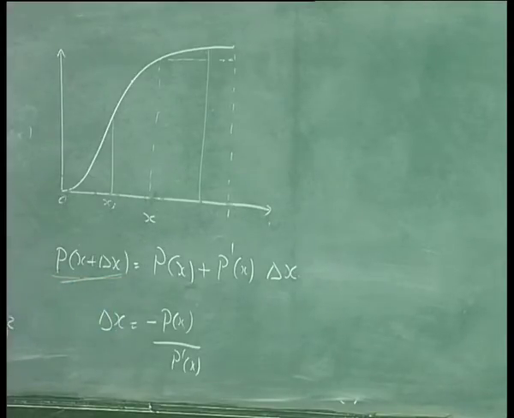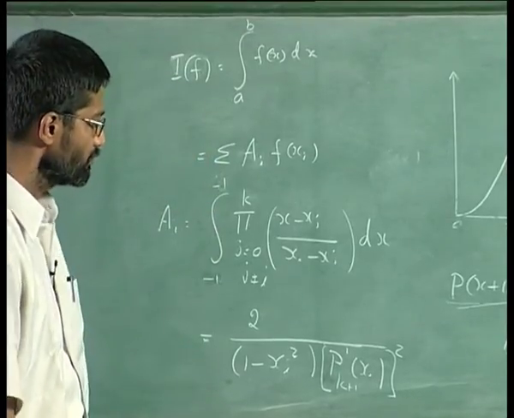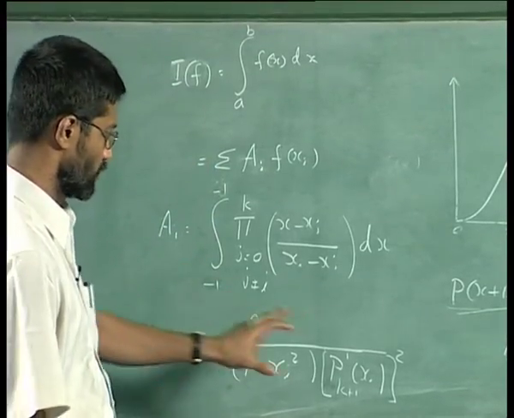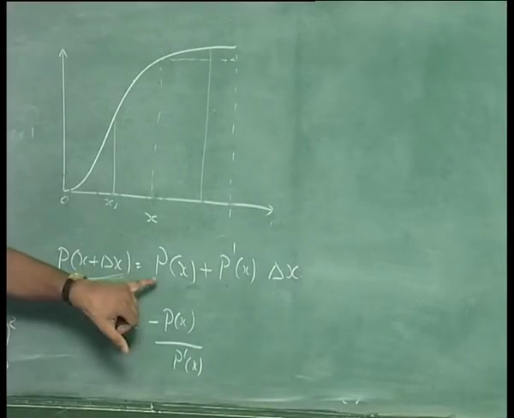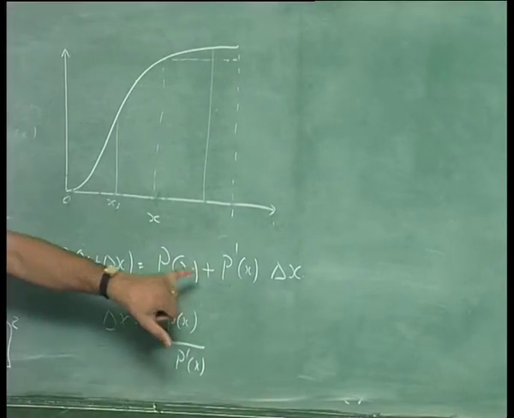So I have all the tools. I know Newton-Raphson to get the zeros of the polynomial, and if I know how to compute the derivative of the polynomial and how to evaluate the polynomial at that particular value of x, then I can compute this integral. I can find the zeros using Newton-Raphson, but the only thing I now need is the evaluation of the function p of x and its derivative.